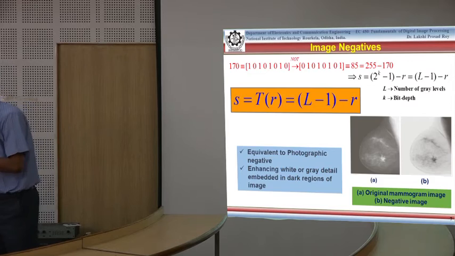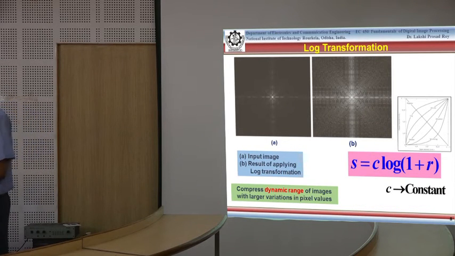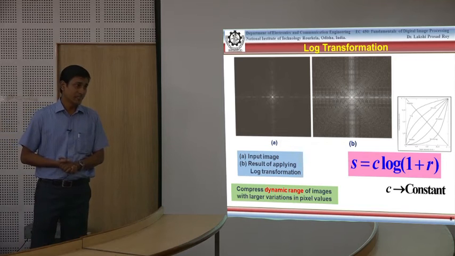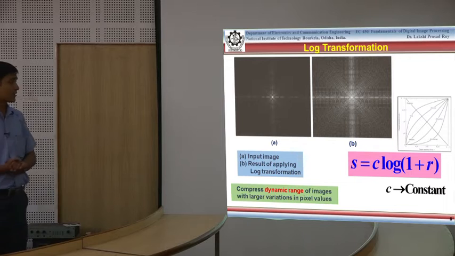Not only defining the transformation function TR, but also how to implement it in a practical system is another issue that will always be there for us. Okay. So, now let us go to another transformation, which is the log transformation.